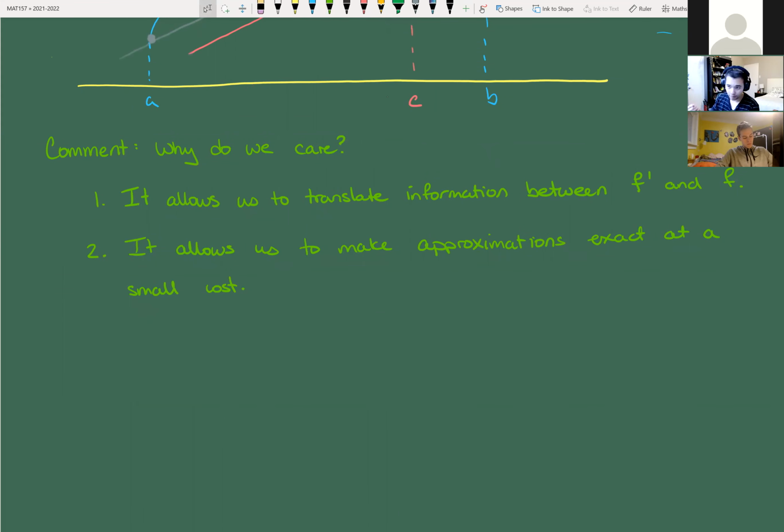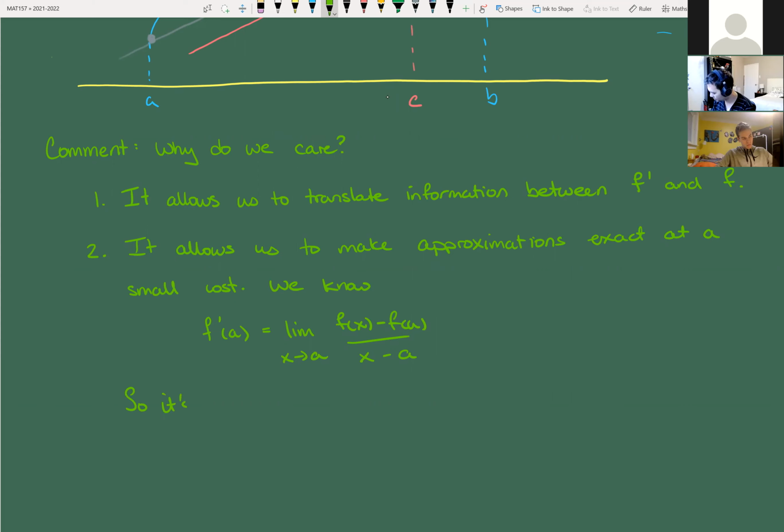We know, of course, the limit definition of the derivative. So we know that f prime of a is the limit as x approaches a of f(x) minus f(a) divided by x minus a. And so it seems reasonable to say that if x is really close to a, then if I drop the limit, I get a good approximation.